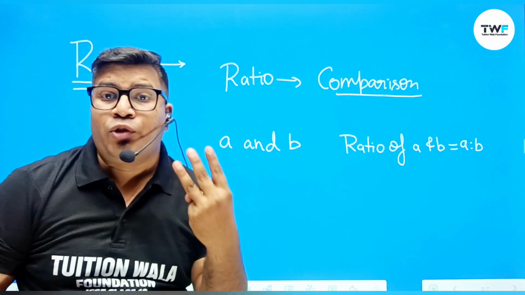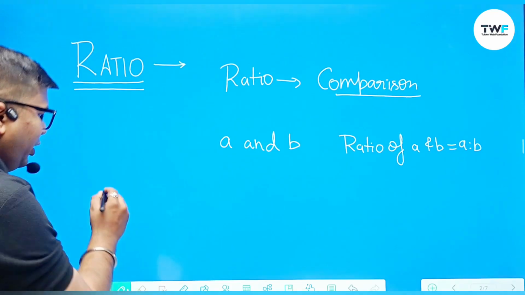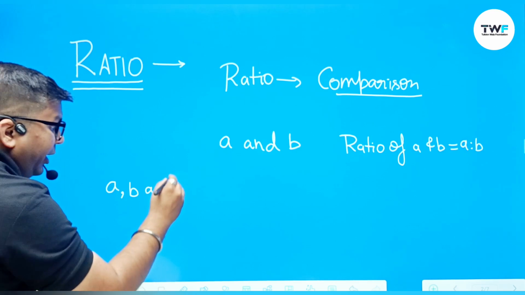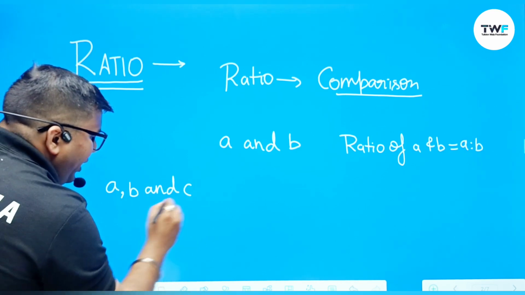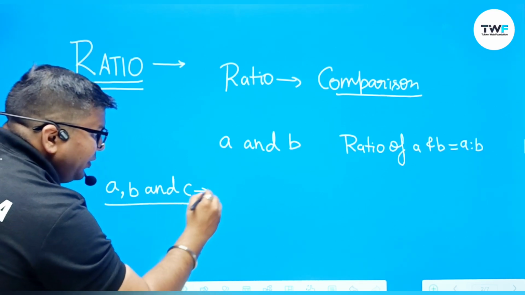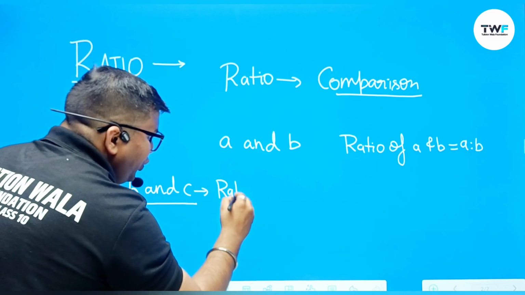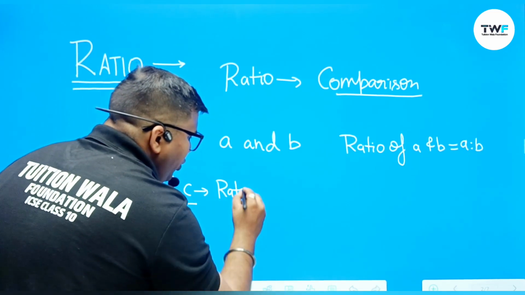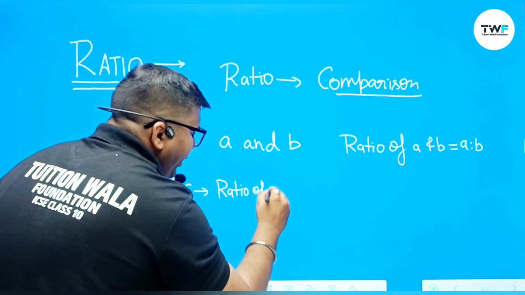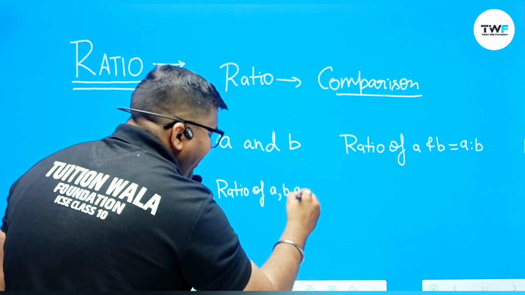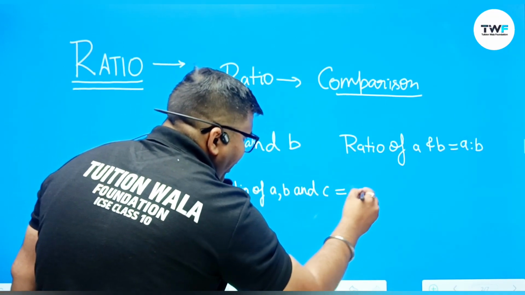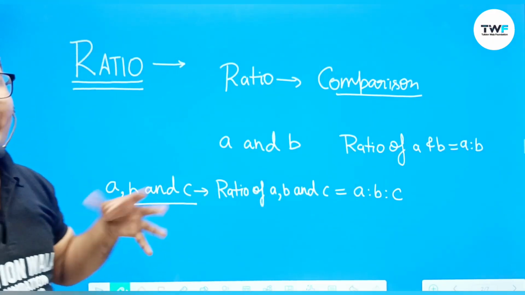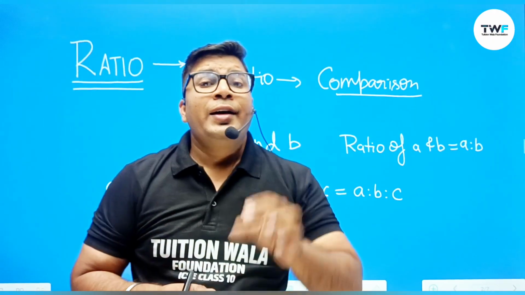Suppose you have three quantities like A, B and C, and you want to compare these, then you can write the ratio of A, B and C equal to A ratio B ratio C. So I think you understood.